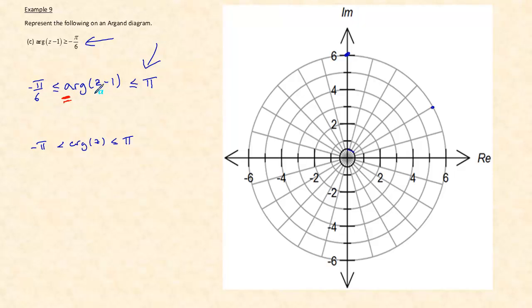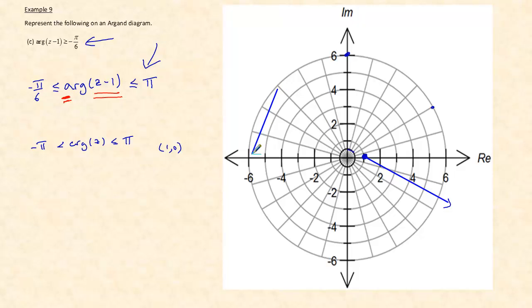Now the other thing is it's z minus 1. So instead of this starting from the origin, it starts here from z equals 1, or the point (1, 0). So pi by 6 is this ray here, so we need to draw parallel to that ray out this way, like so, starting from 1, and then the angle is going to be bigger all the way around to pi.